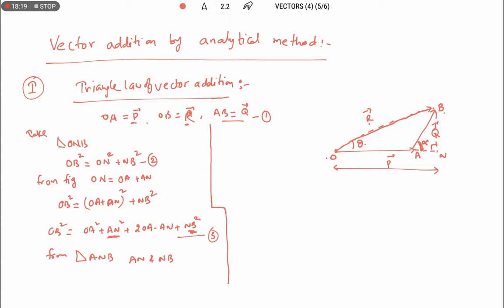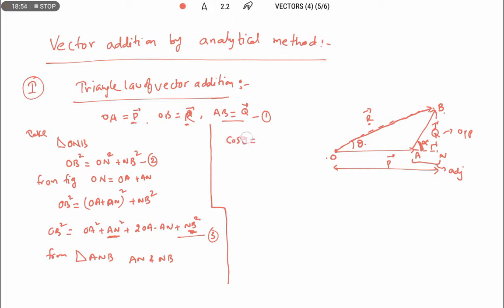So theta is the angle made by the resultant with vector P, whereas alpha is the angle made by the vector Q with respect to the horizontal. So from right angle triangle ANB, I am going to write AN. In this right angle triangle, AN is the adjacent side and NB is the opposite side. To find the adjacent side, we are going to take the help of cosine.